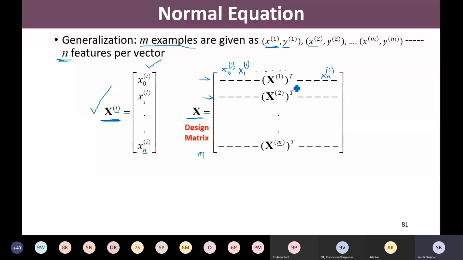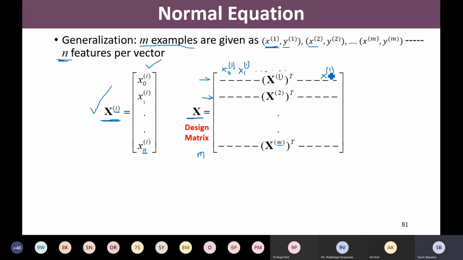So the first row would be x1 transpose. What is x1? It is the feature vector associated with the first sample, and I simply take the transpose of that. The elements in my column vector now become the elements in my row vector. So x1 transpose can be described as x0,1, x1,1, and so on up to xn,1.